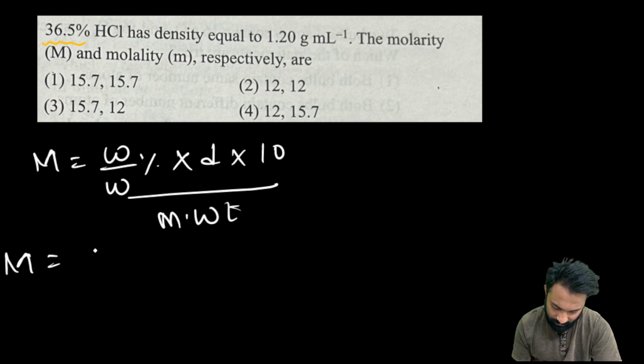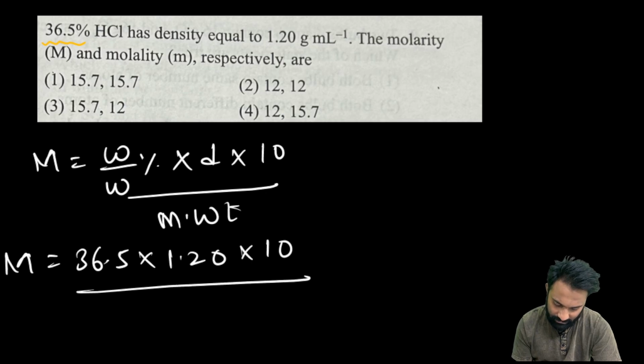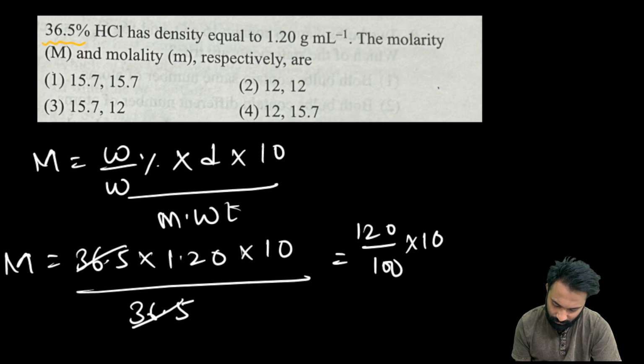This is 36.5 into 1.20 into 10 by the HCl molecular weight, which will be 36.5, since chlorine is 35.5 and hydrogen is 1. So the 36.5 gets cancelled. And what molarity do you get? 120 by 100 into 10. Clear? You will get 12 as the molarity.